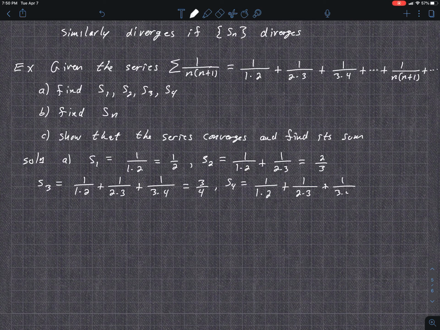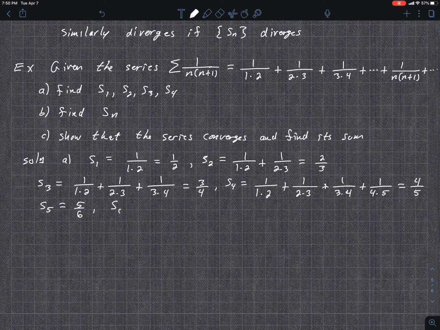Simplify it, write it out, and study it. Plus 1 over 3 times 4. Of course, just reading this stuff or listening, you're not going to learn anything. You got to write stuff out and do it yourself. It's the only way you're going to learn this stuff. So S sub 4, this is just to get you started. If you add that up, you get 4/5.